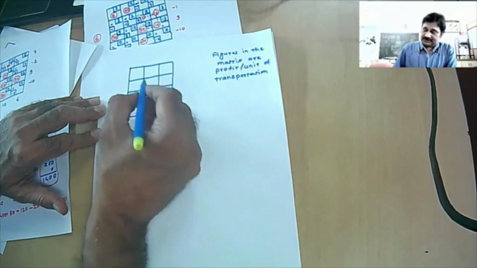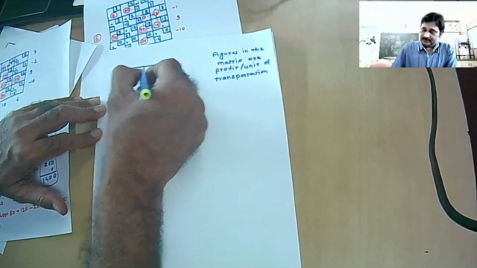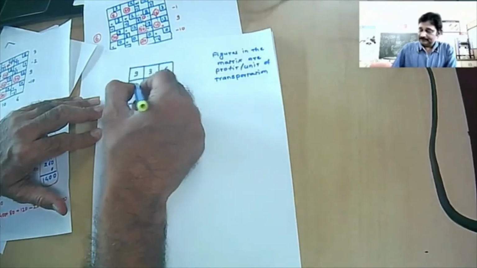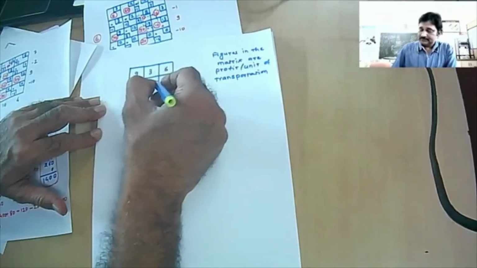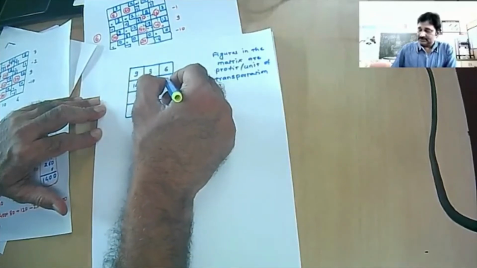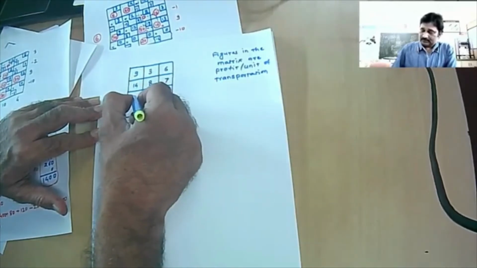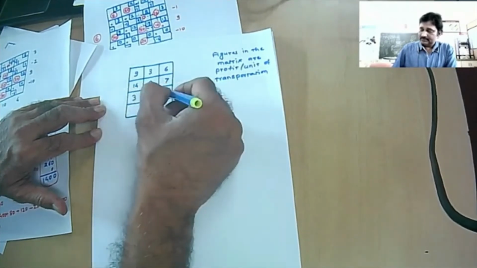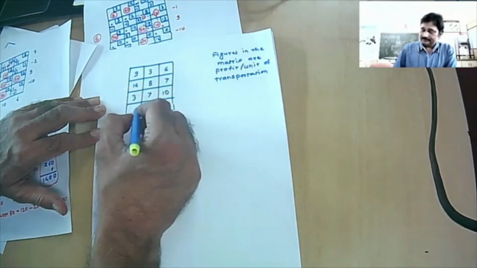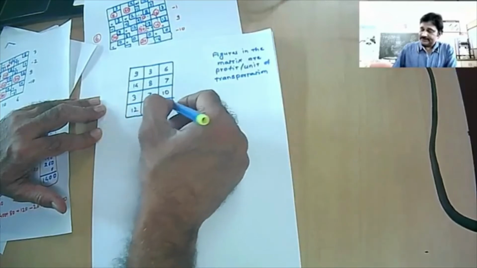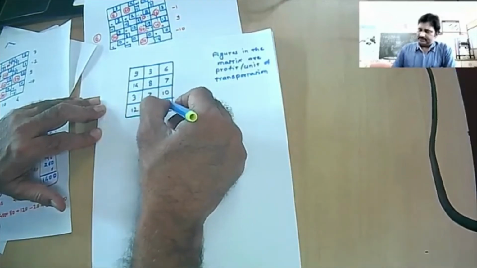So these figures are 9, 3, 6, 14, 8, 7, then 3, 7, 10, 12, 6, and 9.